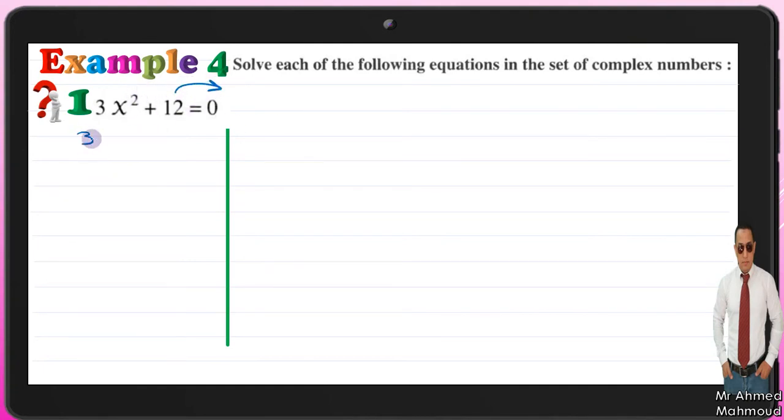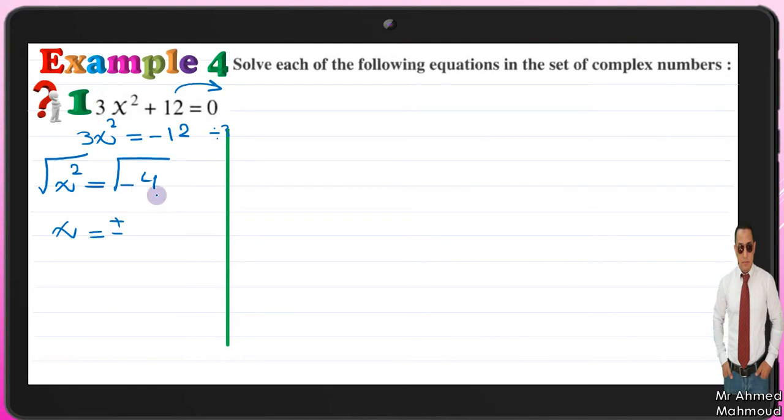It will be 3x to the power of 2 equals negative 12. And I'm going to send 3 there, divided. Here it will be x to the power of 2 equals negative 12 divided by 3, equal negative 4. Then by taking the square root of both sides, x equals positive or negative root of negative 4.